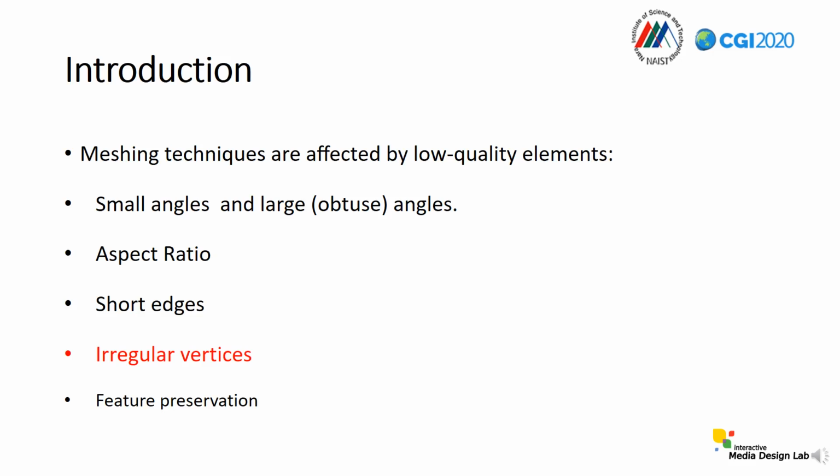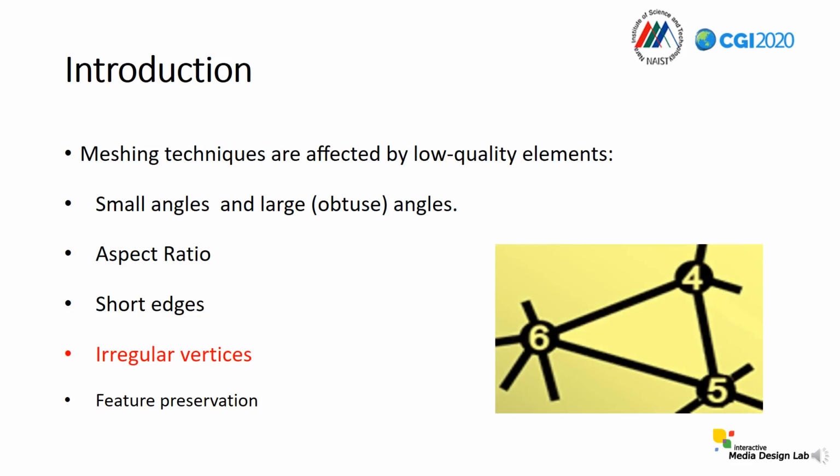So irregular vertices are bad quality elements. And during surface remeshing, during removal of these bad quality elements, we have to consider the preservation of sharp features and topology of the input mesh. You can see in this image the valence 6, the number of adjacent vertices is 6, so it's regular, and then the other two are irregular.